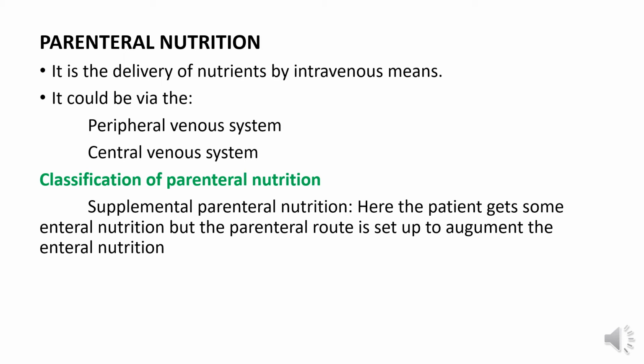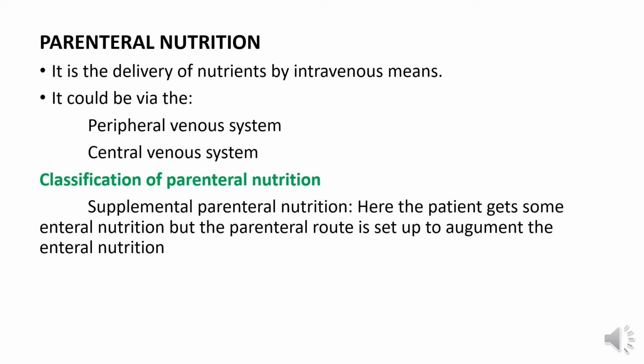So let's say, for example, a patient that has short bowel syndrome, the patient still gets some form of enteral feeds, but because certain aspects of the gut are not present anymore, and the part of the gut remaining is small for absorption, the patient may need to get some form of supplemental parenteral nutrition to augment the enteral nutrition the patient already has.